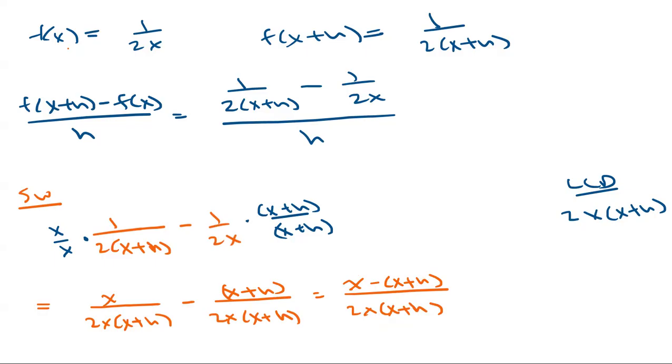So what I need to do is I have that -1 and I need to distribute that. So I'll have x minus x minus h all over 2x and then x plus h. Okay.